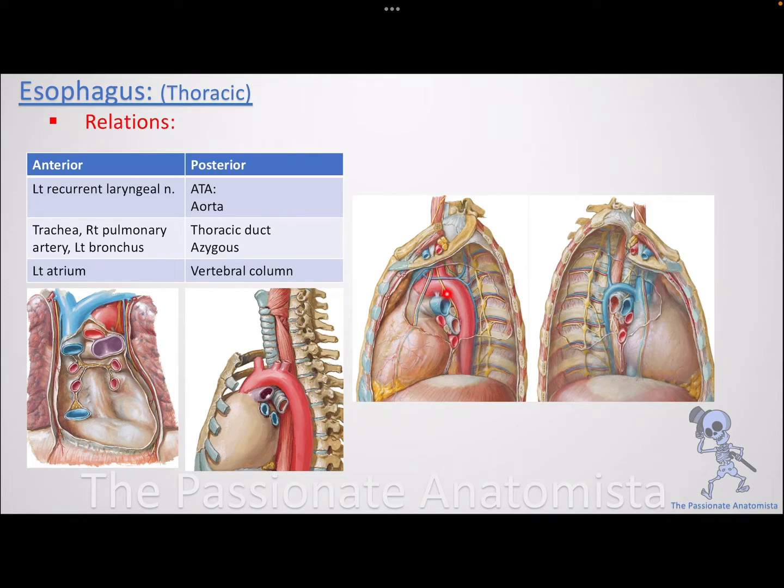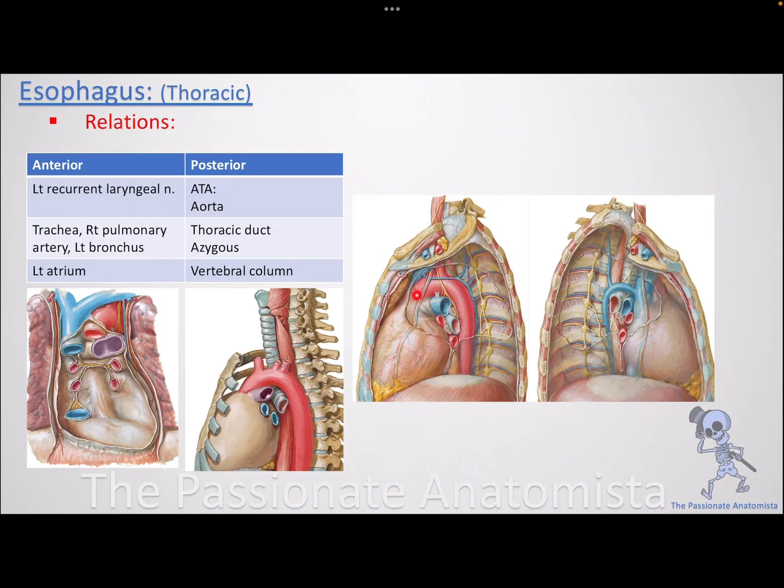Because you remember the right recurrent laryngeal nerve loops around the right subclavian artery, and that is very high, so that's not going to be an anterior relation to the esophagus. So when we talk about the thoracic part of the esophagus, you need to remember that it's related anteriorly to the left recurrent laryngeal nerve. And we call it recurrent because it goes and turns back and comes back up. So that's only the left, all right?